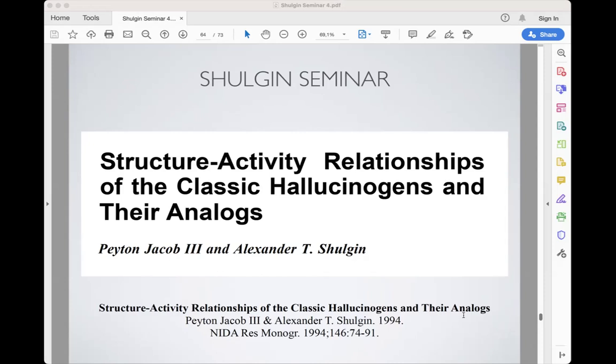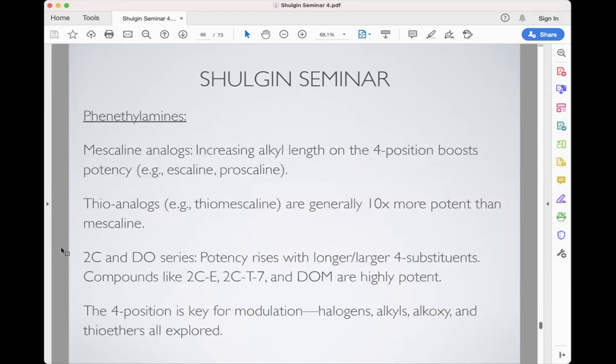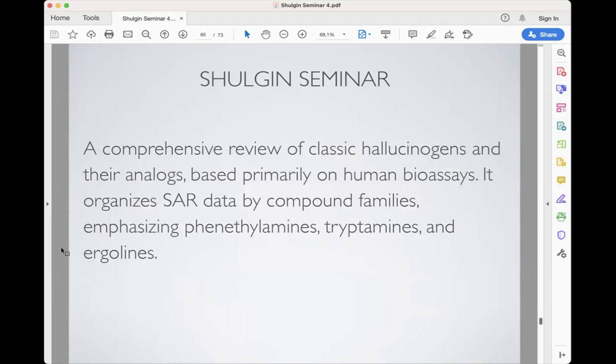Yeah. So the last paper, and any comments on it? It's written with Peyton Jacob the third, and I don't know to what extent it was written by Sasha himself. It seems that he's listed as the second author, but the materials and information contained here show that it was written after not only Pikal but also after Tikal.